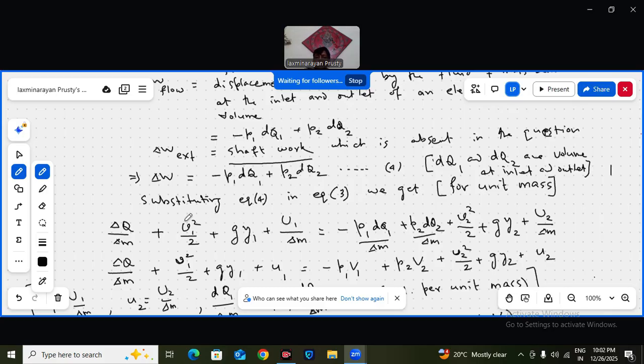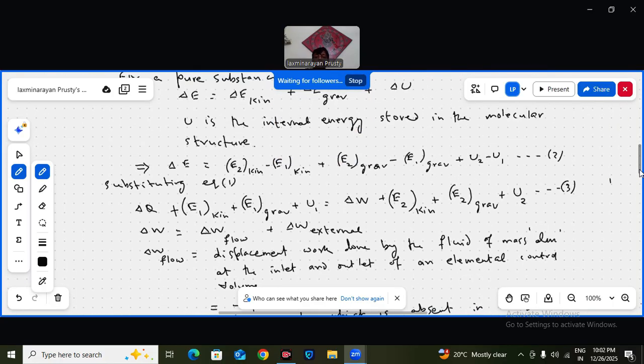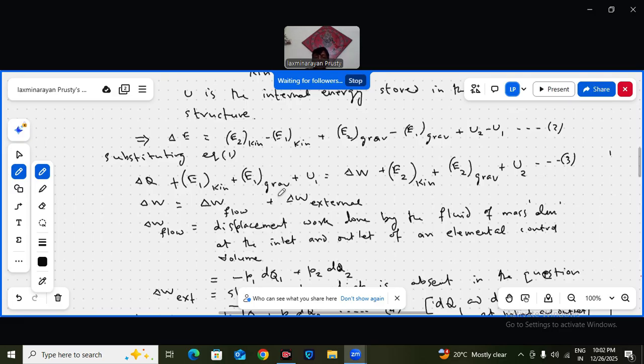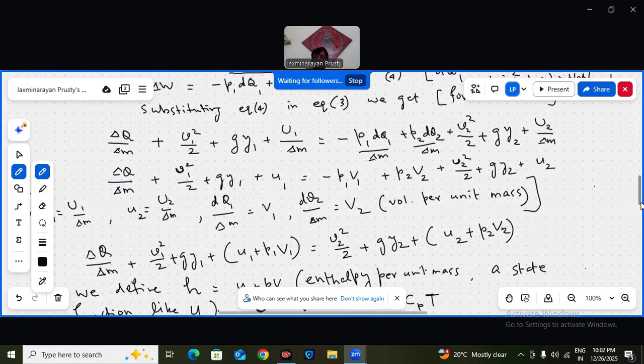Substitute equation 4 in equation 1, we get delta Q by delta m. Equation 3, equation 4, equation 3. So I'm substituting delta W and getting this: delta Q by delta m equals V1 square by 2, g y1, where y1 is height, U1 by delta m, that is minus P1 dQ1 by delta m plus P2 dQ2 by delta m, V2 square by 2, g y2, U2 by delta m, per unit mass.